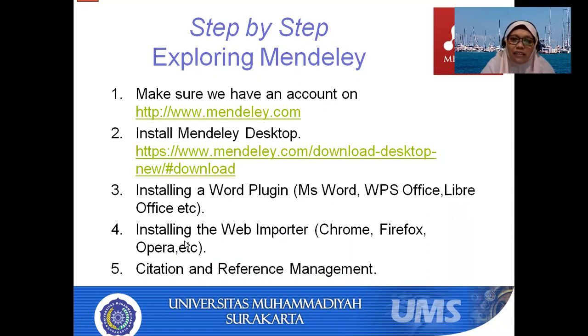After that, we can install the web importer on Chrome, Firefox, or Opera. It also depends on your web browser. And the last is managing our citations and references. Bu Endah will show the third and fourth steps.